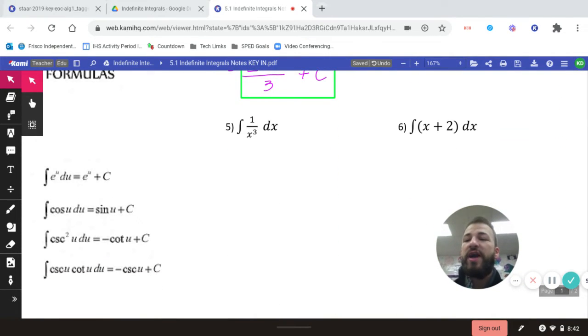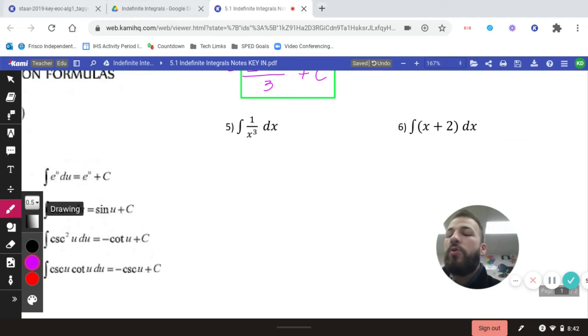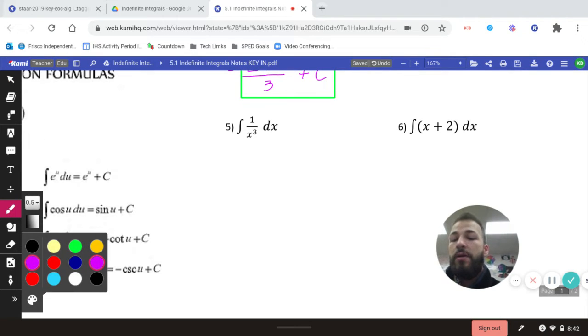Okay, 5, 1 over x cubed. Once again, another one of those power rule ones where we have to do something beforehand. We have to move it up to the top before we can integrate it, because I can't apply the power rule to a power that's in the bottom of the fraction. So this becomes the integral of x to the negative 3rd dx. Now I can integrate. So add 1, divide by the new power.